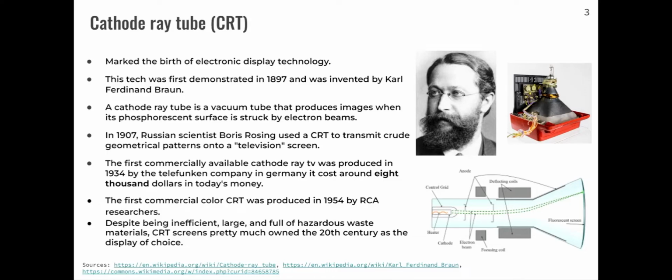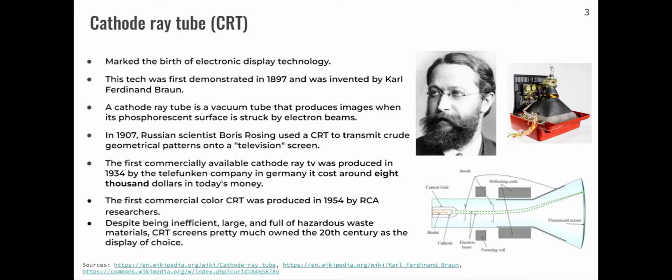So initially they were used in oscilloscopes, but they found their way into TV applications and finally computers. So in 1907, Russian scientist Boris Rosing used a CRT to transmit crude geometrical patterns onto a television screen.